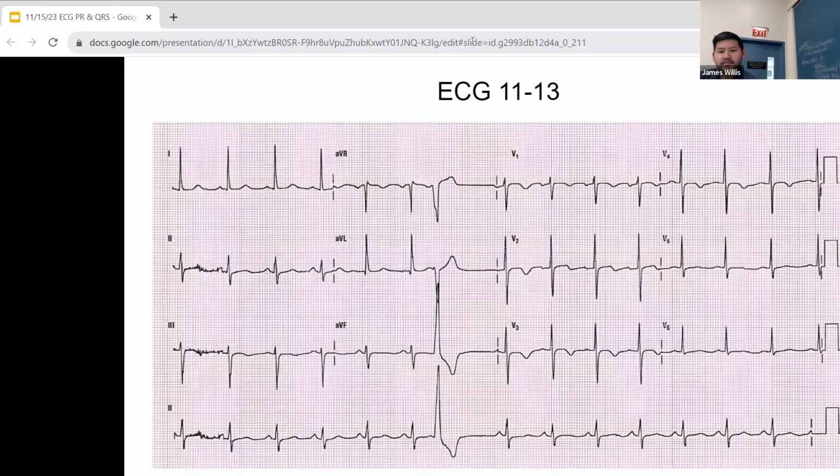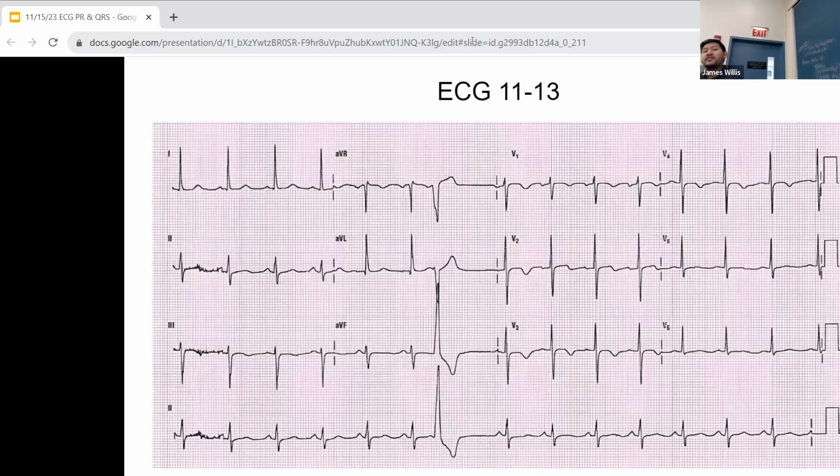What is this? Sinus with PVC. Someone says biphasic T waves in V1 through V4.